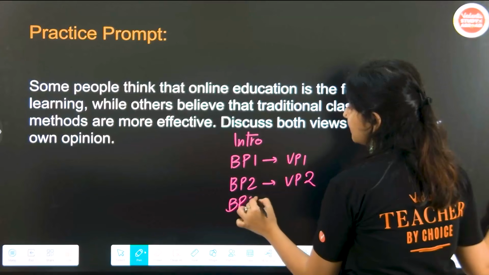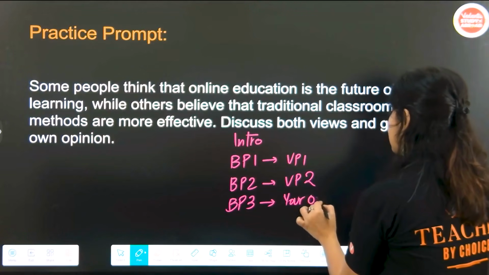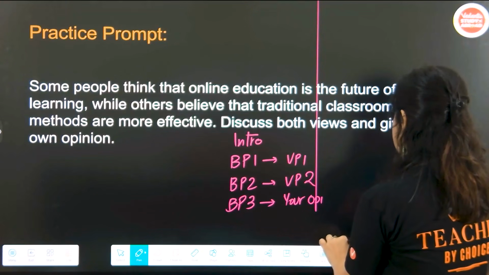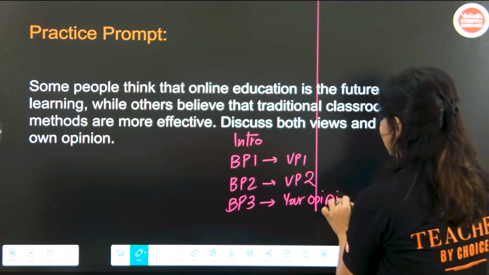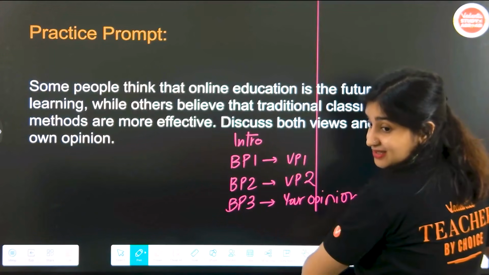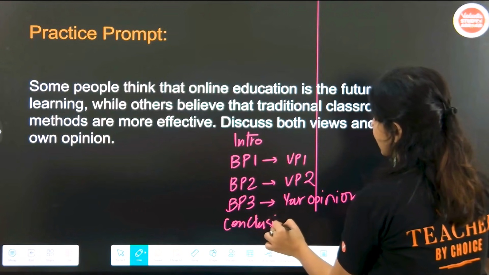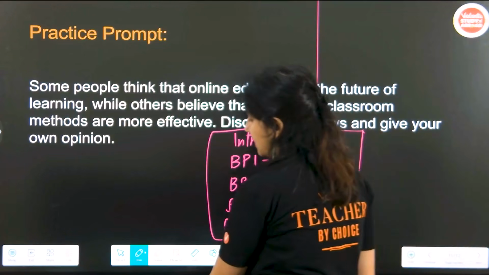In this case, your body paragraph 3 can be your opinion and then conclusion as discussed, all right? So this is the structure that you can follow for this kind of an essay.